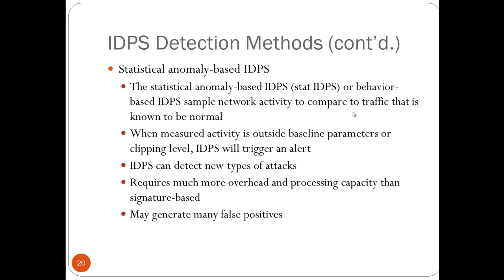Unfortunately, they require more overhead and processing capacity than your signature-based network intrusion detection system, and they must constantly compare patterns of activity against the baseline. Another drawback is that these systems may not detect minor changes to systems and may generate some false positives.